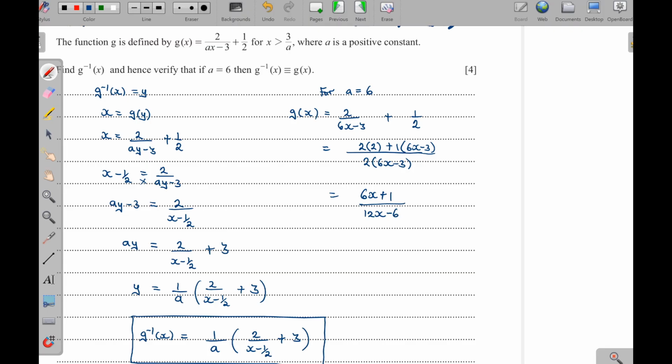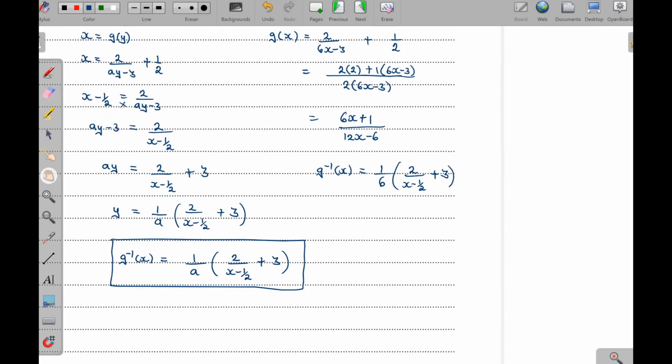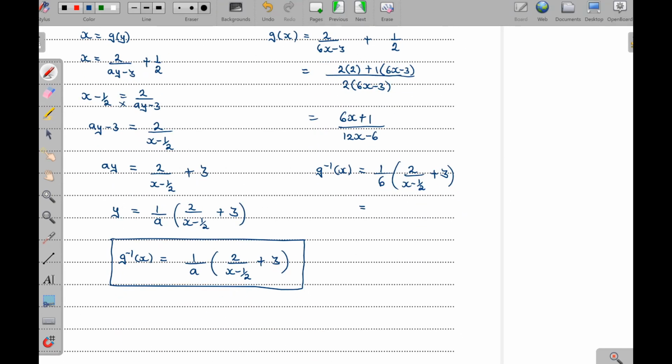Okay, then let's go to the g inverse. The g inverse of x is going to be 1 over 6, substituting here, into 2 out of x minus a half, and then plus the 3. Okay, now we continue here. What are we going to get? So this 6 is going to multiply everything here. So we shall have a 2, then out of, this will be 6x.